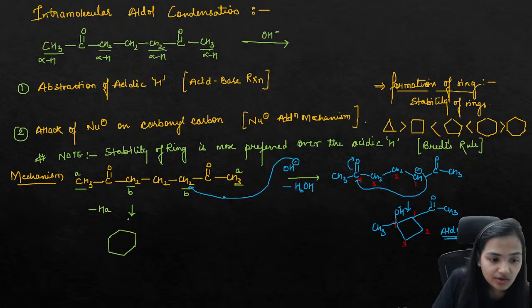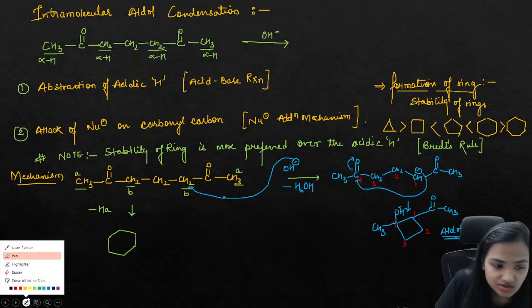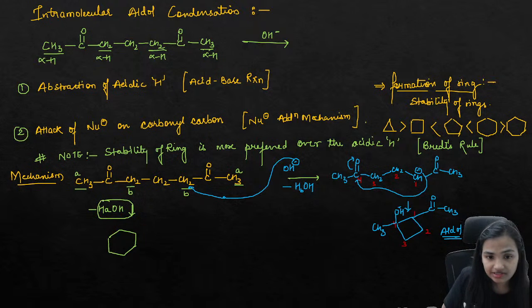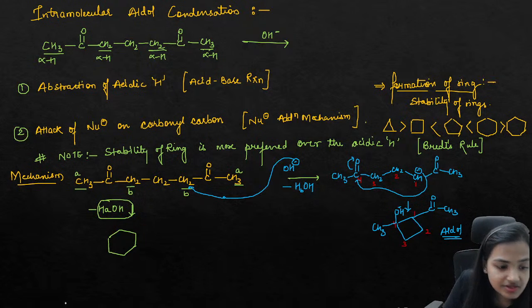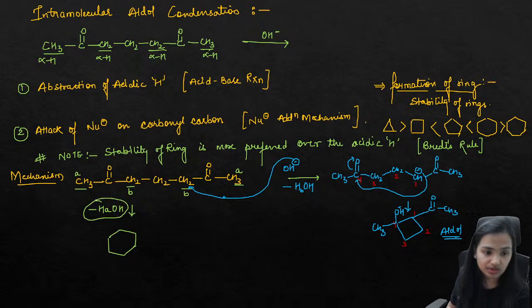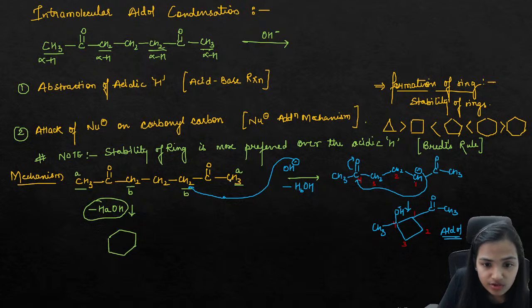Now let's figure it out when I eliminate. Let us do it with the green color only. If I eliminate minus HA with the OH negative, that is, if this is eliminated in the presence of a base, then what will the product so formed be? That is, if we eliminate this as the water molecule, that is A. So A could be any A. Let's say this A I have taken.